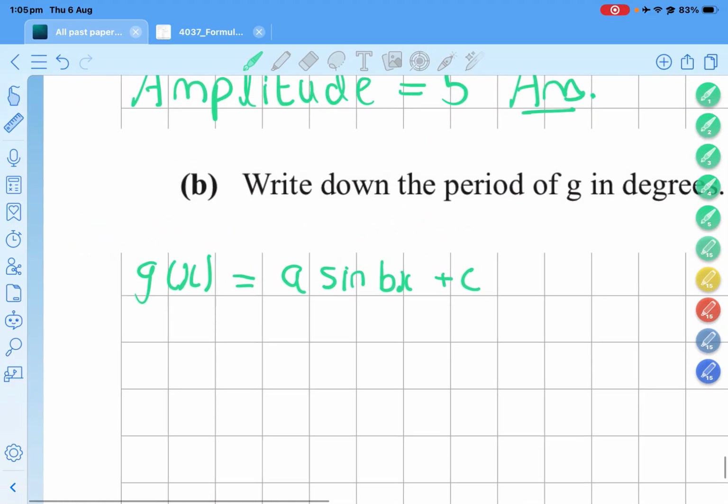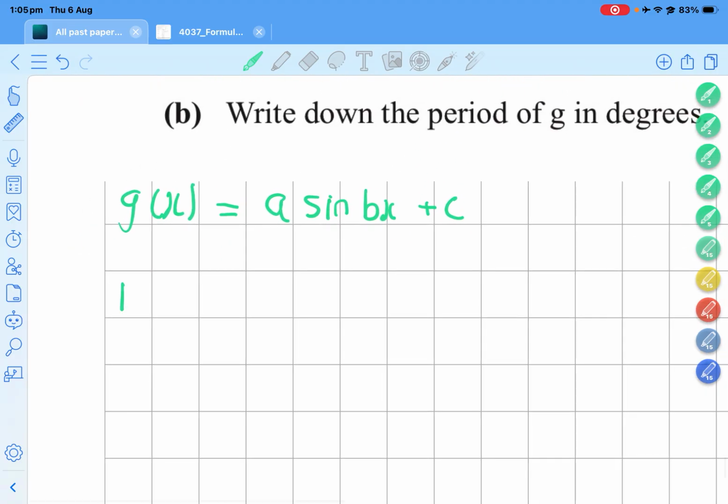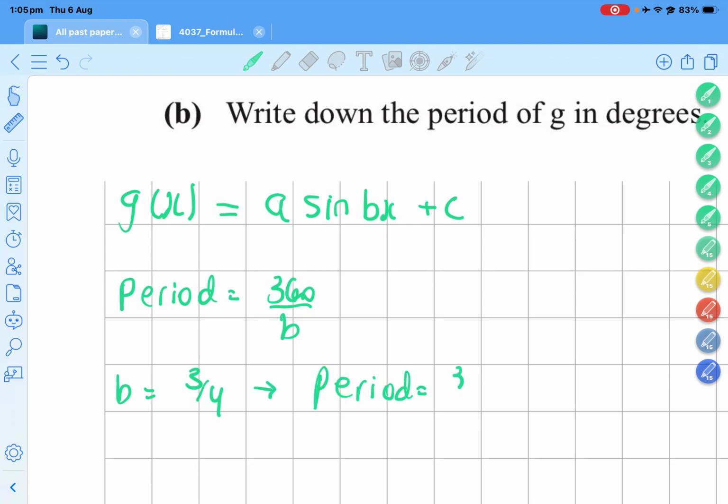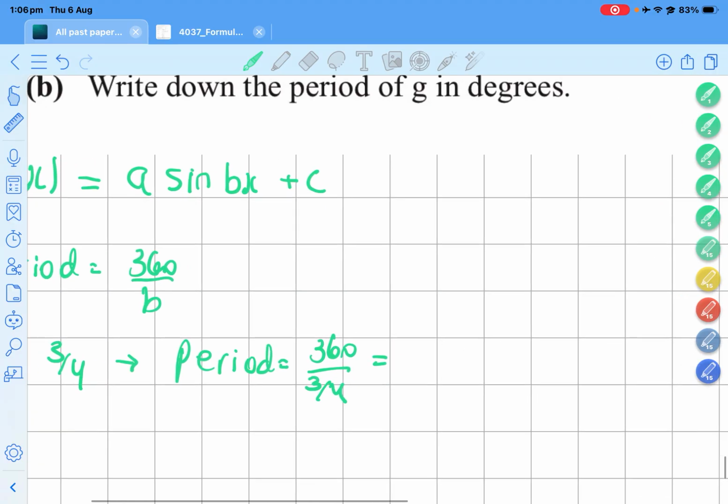The period of any curve is just 360 over b, and since b equals 3/4, the period is 360 divided by 3/4, which, let me calculate, is 480 degrees, and that's the answer.